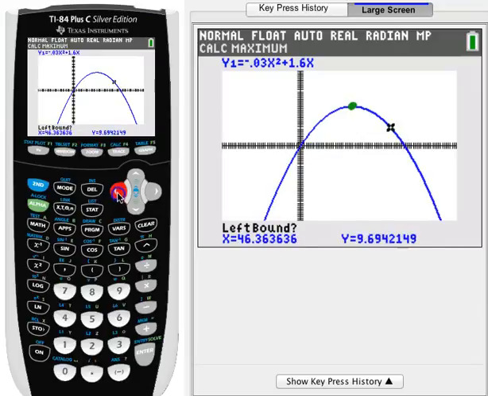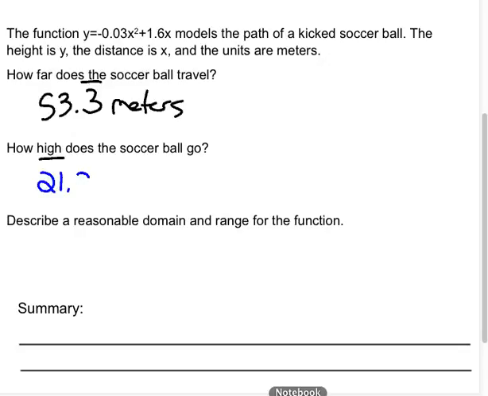So I'm going to scroll to the left. Scroll to the right. So its maximum height, again, y is tracking my height in this case. Its maximum height is at 21.3 repeating meters. Okay.